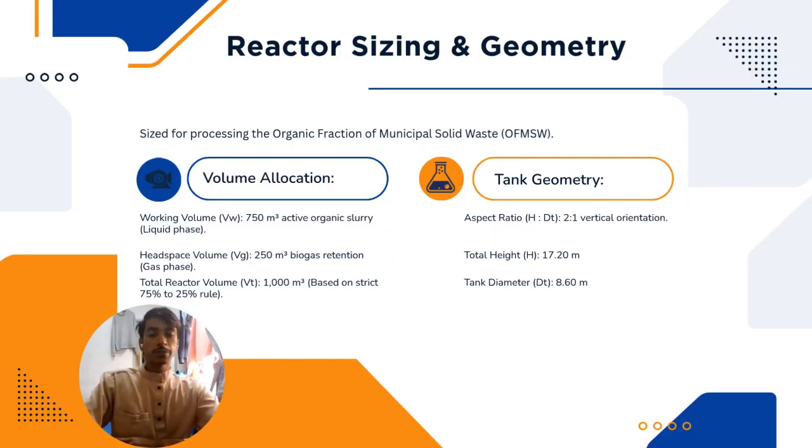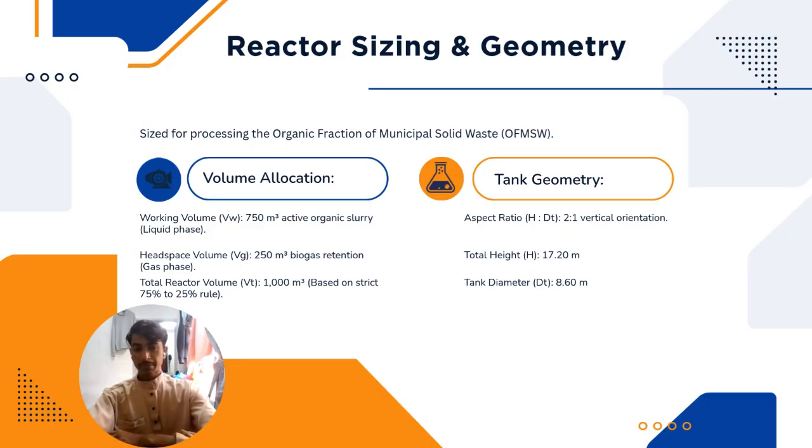For section 2.0, we tackle the core physical sizing of our continuous stirred tank reactor (STR) instead of arbitrarily picking numbers. We reverse the engineering workflow based on established literature for municipal waste digesters. We establish a baseline target working volume of 750 cubic meters of active organic slurry.